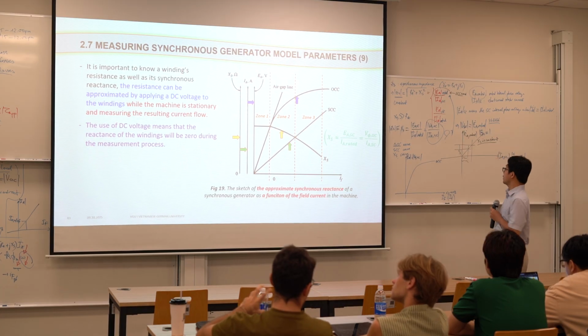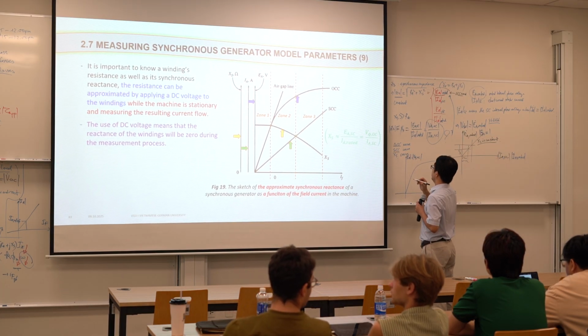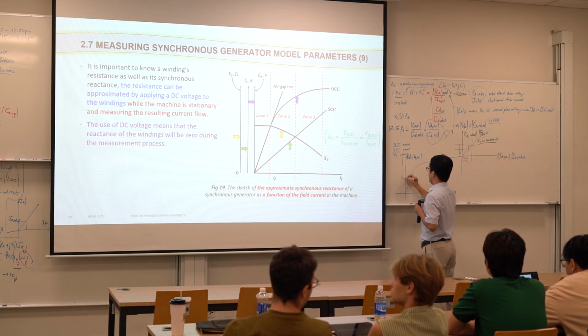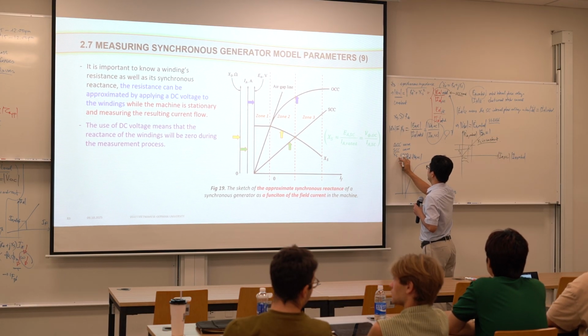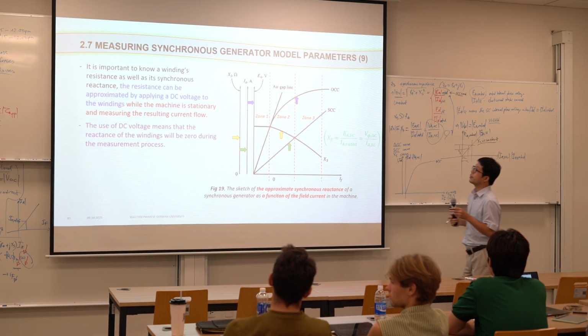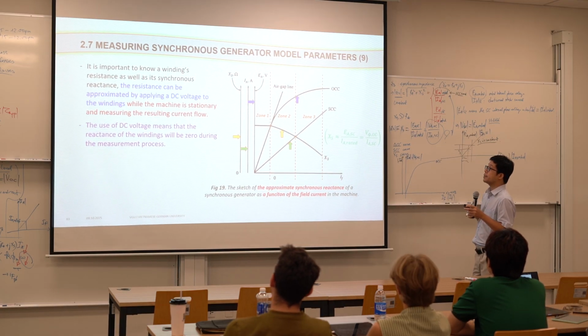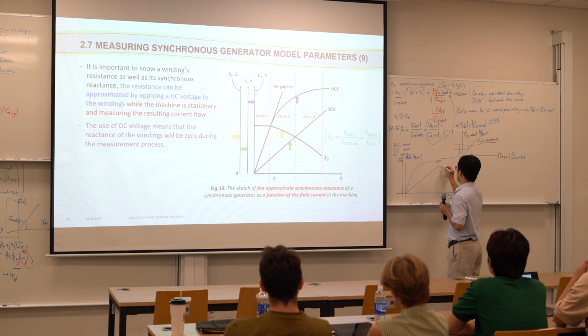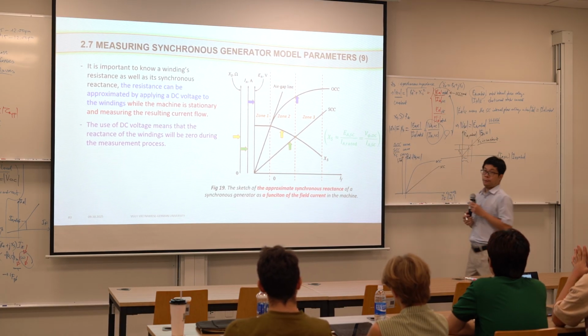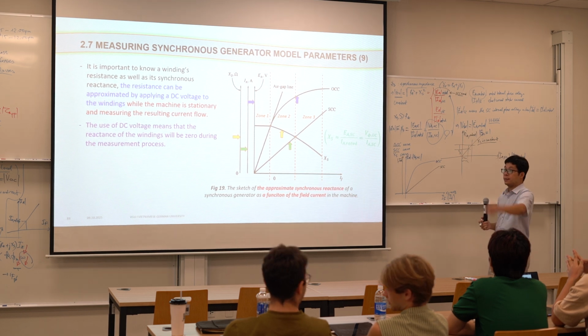For the short circuit test, this one is I. I means armature current, and then we can get the curve like this for the short circuit test. This one is also IF. We have the same reference system.